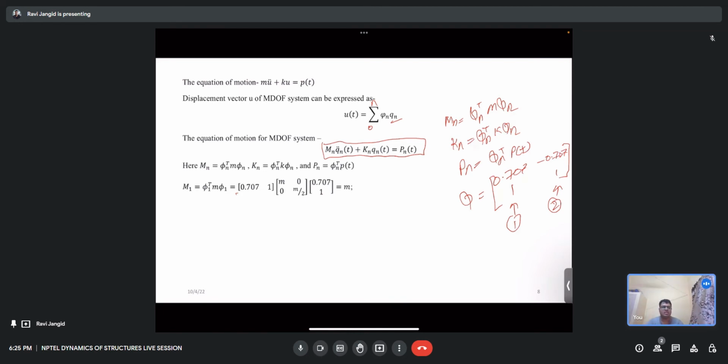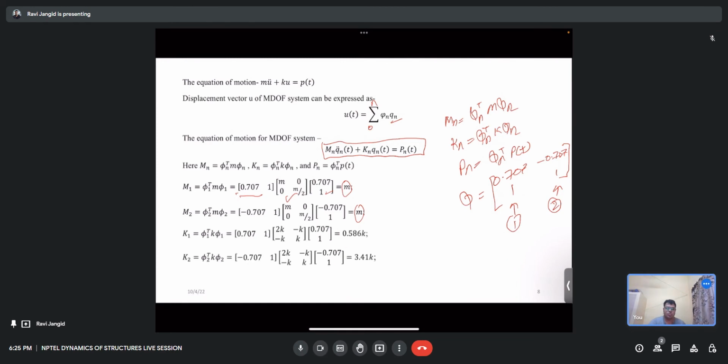After calculating this we get M1 equal to m, and for M2 we also got m. Putting the values of phi 1 transpose and phi 1 and the mass matrix, if you solve this equation you will get m. Same for the generalized stiffness: K1 is phi 1 transpose k phi 1, and K2 is phi 2 transpose k phi 2. In this, K1 you will get 0.586k, and K2 is 3.41k.